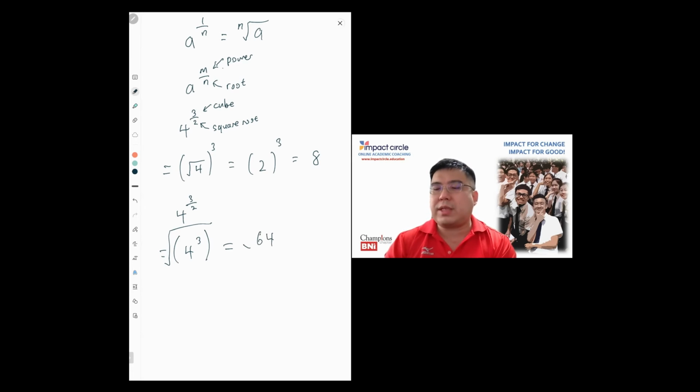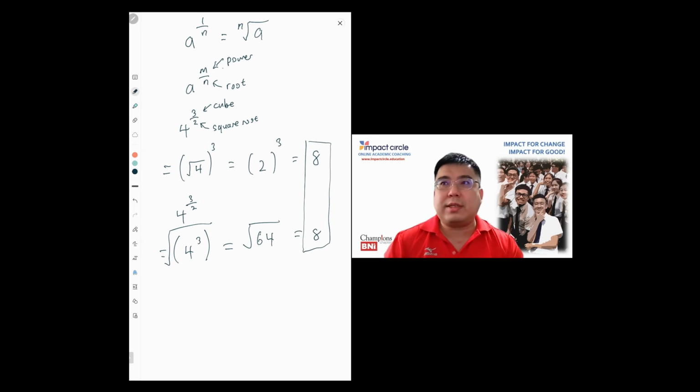And the square root of 64 will give us 8, which is the same as before. So this shows you that it does not make any difference whether you do the power first, or the root first.